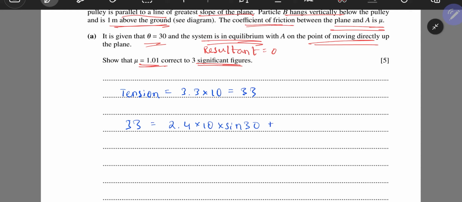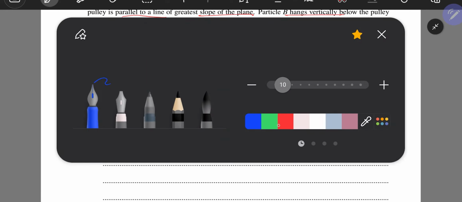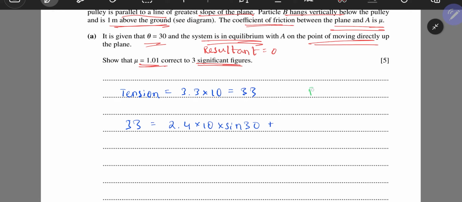Let's use different colors for that. Friction F is equal to mu R, and R is equal to mg cos theta. So mu times 2.4 times 10 times cos 30.